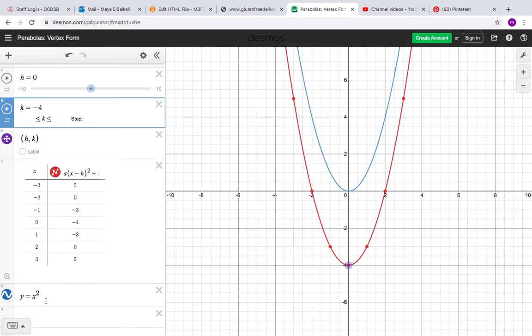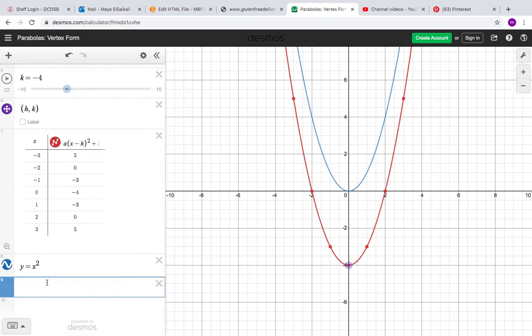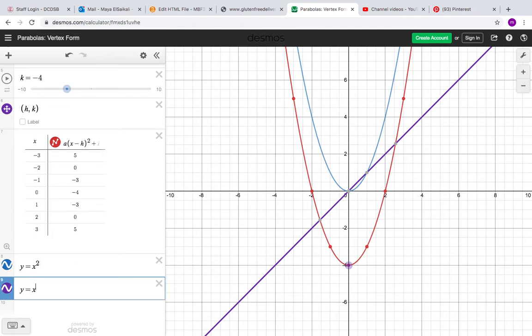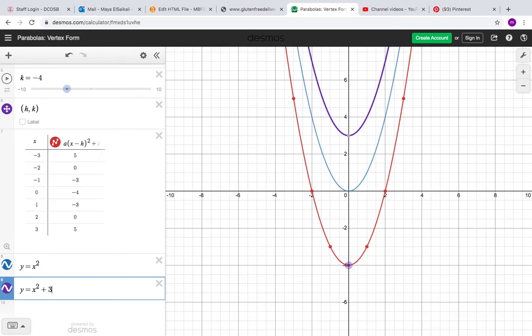So let's look at how that's going to look in my equation. If I have y equals x squared plus 3, you see that purple graph. The equation is x squared plus a k value, so x squared plus 3, and it moved 3 units up, and my vertex is (0, 3).